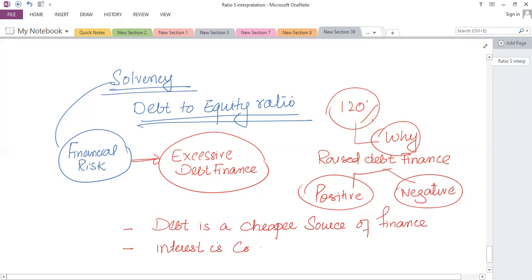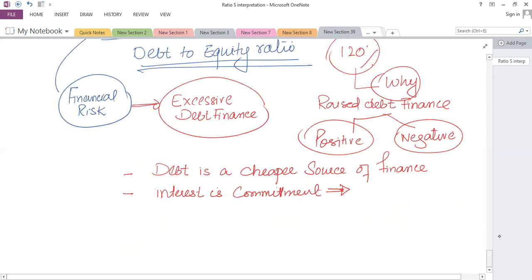Interest is your commitment, so you have to pay at any cost, and that increases risk to the shareholder. What risk does the shareholder have to face? If your interest is high, there will be less availability for dividend payment to shareholders.